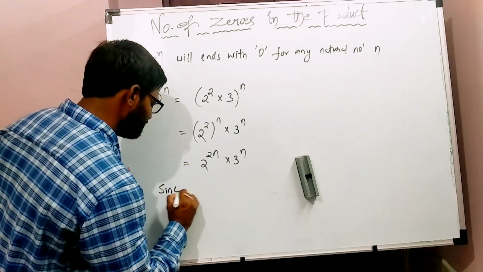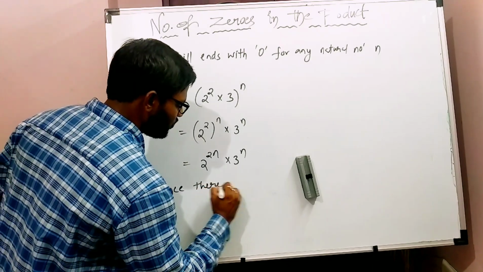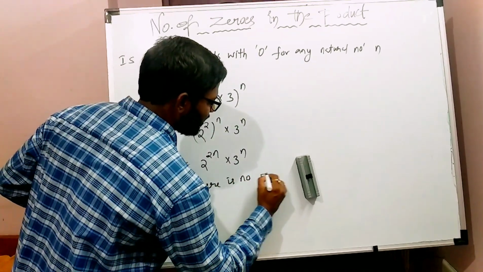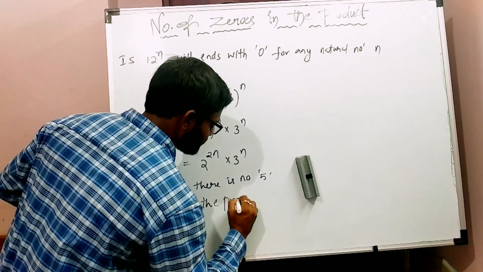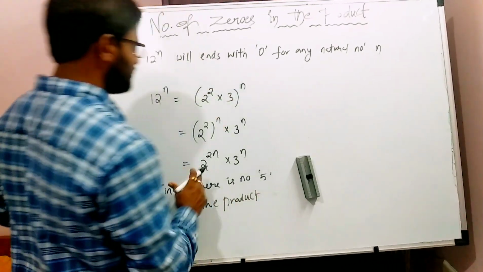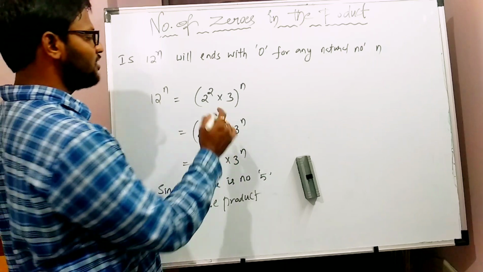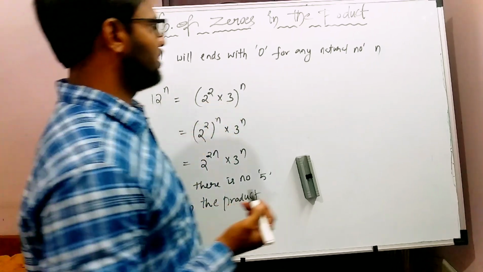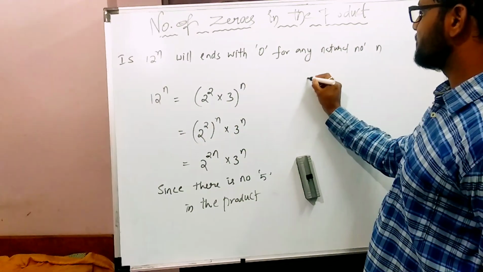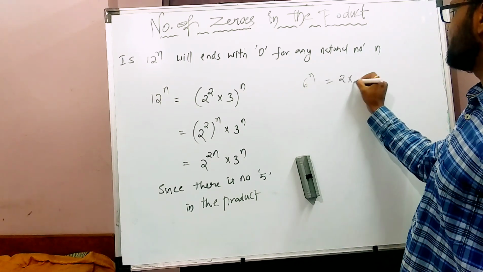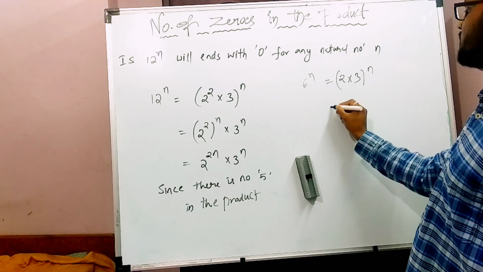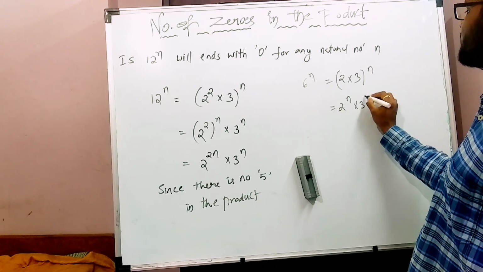Since there is no 5 in the product, this 12 power n will not end with 0. Next, does 6 power n end with 0? 6 we can write 2 into 3. That is 2 power n into 3 power n.